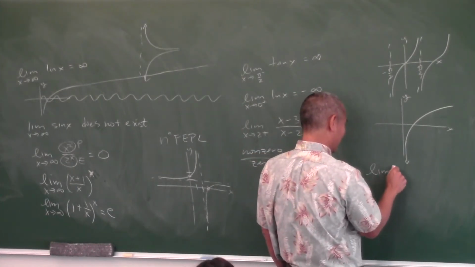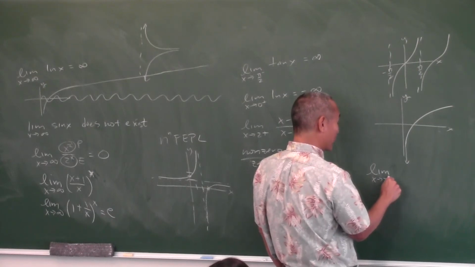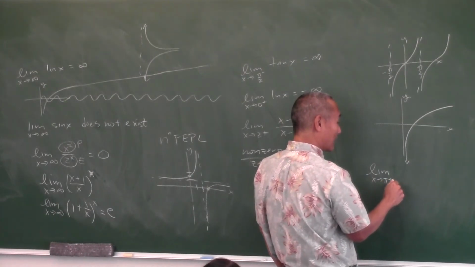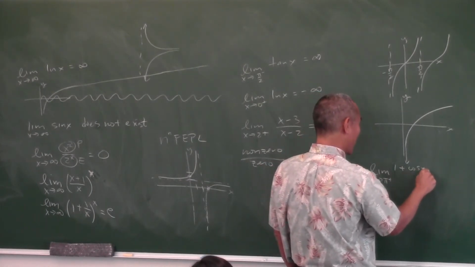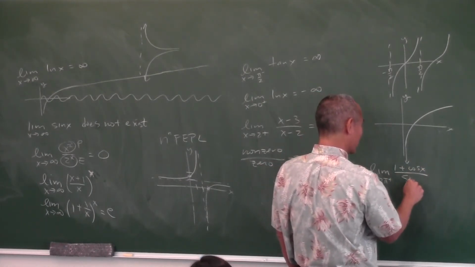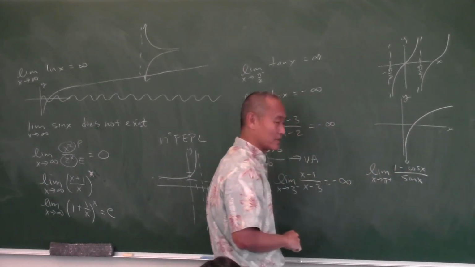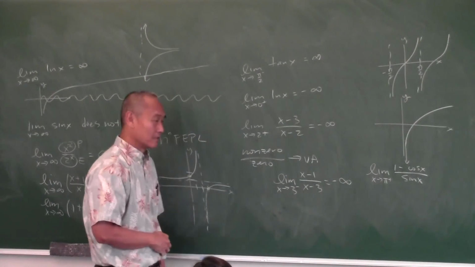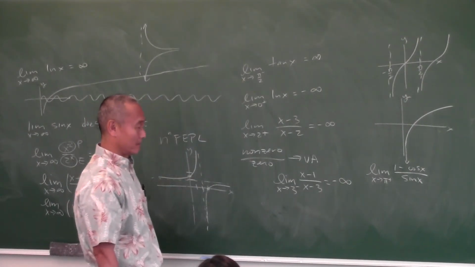What's the limit as x approaches pi from the right of 1 minus cosine x over sine x? Okay, how do I know there's a vertical asymptote at x equals pi?